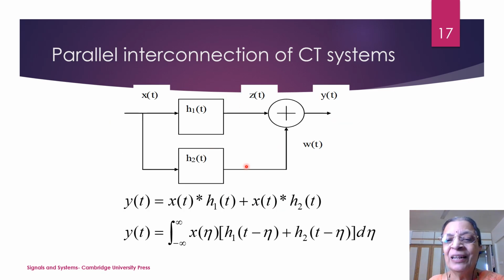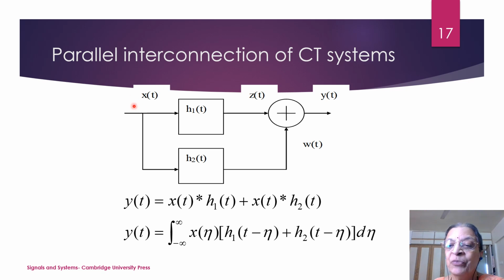Now let us consider the parallel interconnection. The two systems are connected in parallel with impulse responses h1(t) and h2(t). In this case, how will the output y(t) be calculated? We have to find x(t) convolved with h1(t) and add x(t) convolved with h2(t) to it to generate y(t). So if it is a parallel interconnection, you have to add up the results of convolution of the input x(t) with the impulse responses of the individual systems.